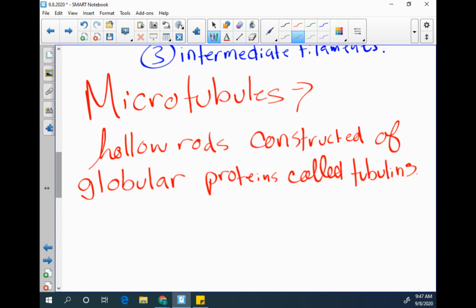So tubulins are a type of protein that come together to create microtubules. Tubulins are dimers, which means they have 2 subunits. So when we talked about quaternary structure with protein structure, a dimer is one that consists of 2 polypeptides put together, and tubulins are an example of one of those dimers.